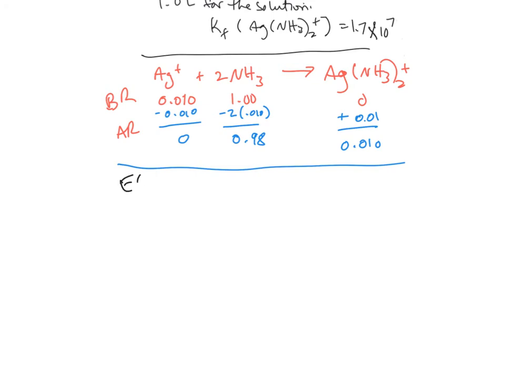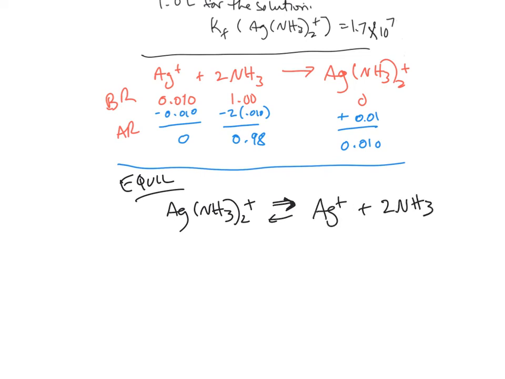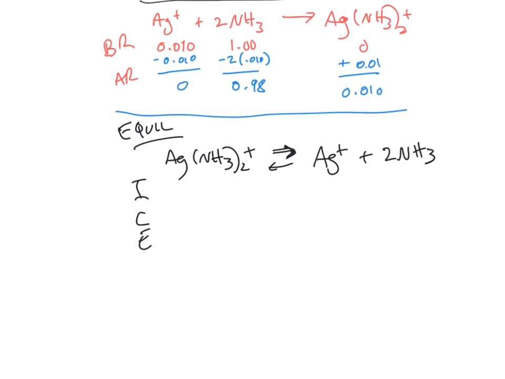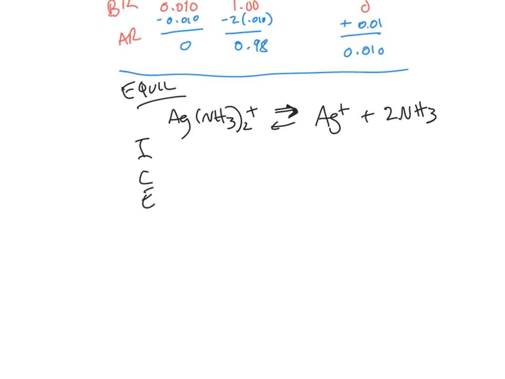So take the Ag(NH3)2+ that's just formed. Now it will go to equilibrium to form silver plus 2 NH3, and this will be an ice table. You have moles equals molarity because it's 1 liter.